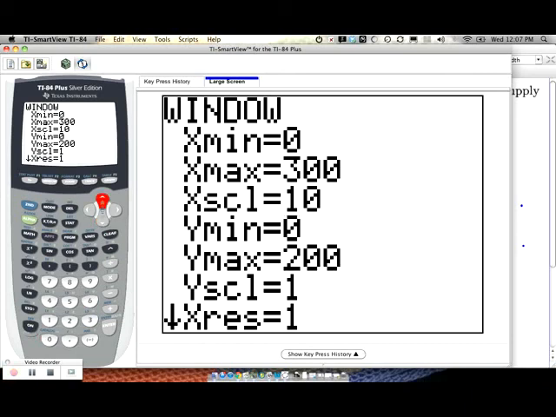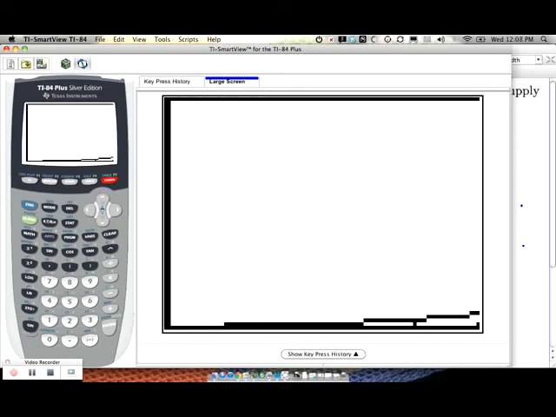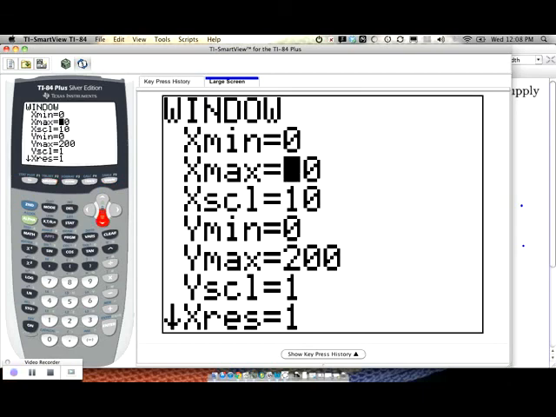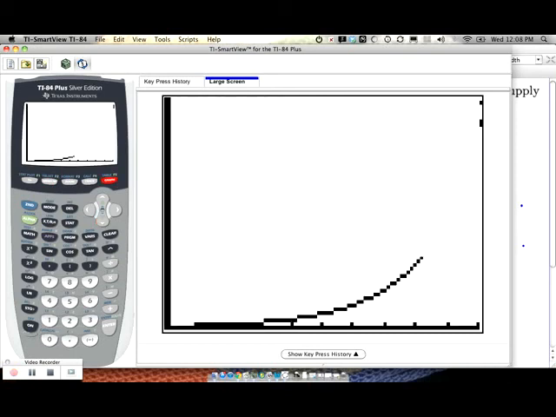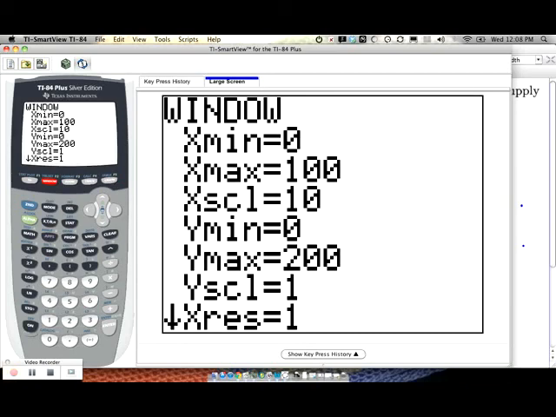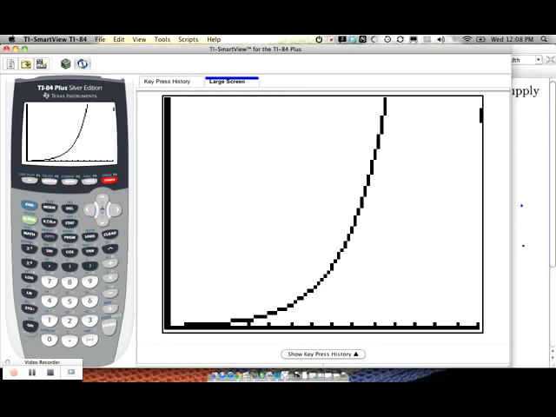Looks like that's not going to be far enough. Change our x value out to 100. Ooh, it looks like it's only going to last about 100 years. So now we go to window, we're going to change our x value to go out to about 150. So our two graphs definitely cross right here. If I want to find the intersection of those two things, I can do second calculate, intersection, which is number 5.